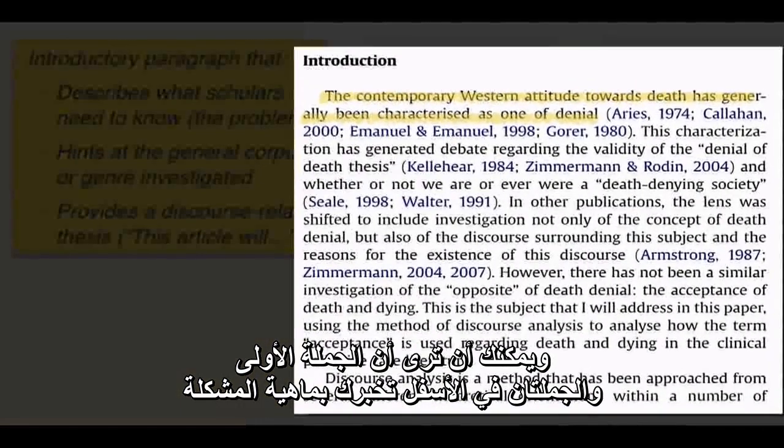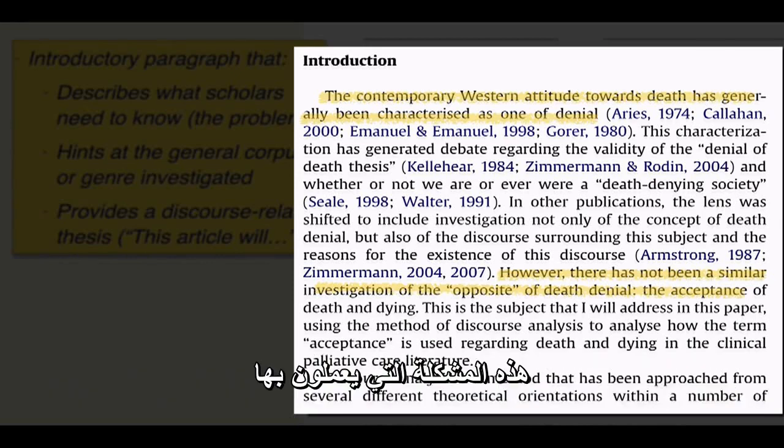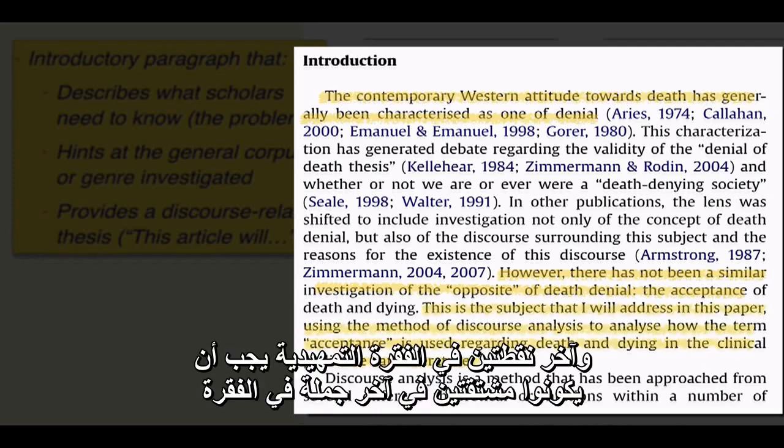So the first sentence and then a couple sentences down give you a sense of what the problem is. And the problem is that contemporary Western attitudes towards death have been characterized as one of denial. However, there has not been a similar investigation of the opposite of death denial, the acceptance of death and dying. So that's the problem that they're working on.